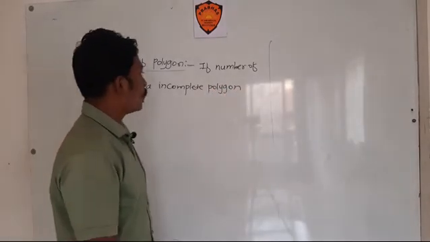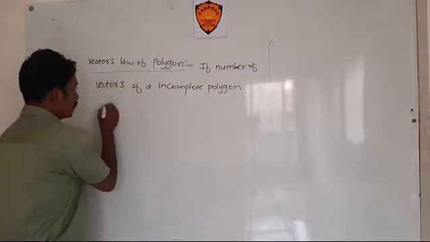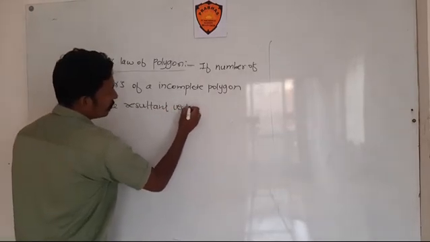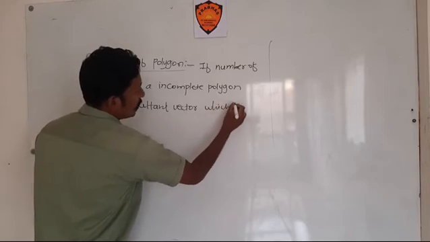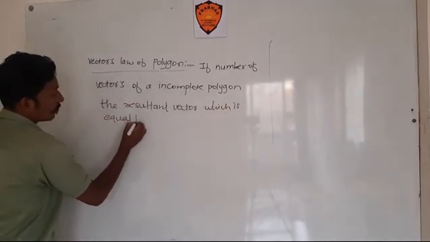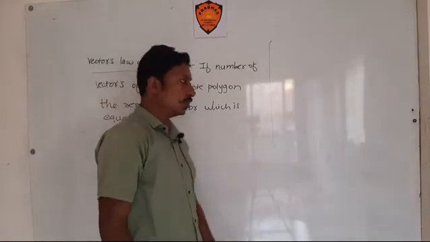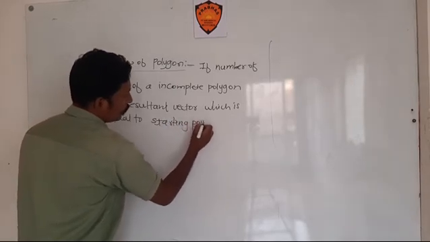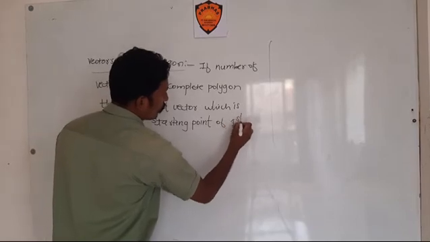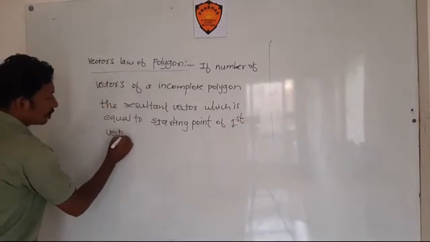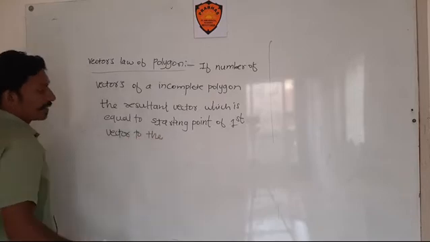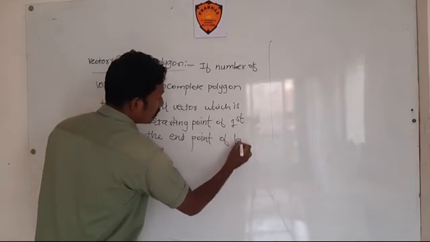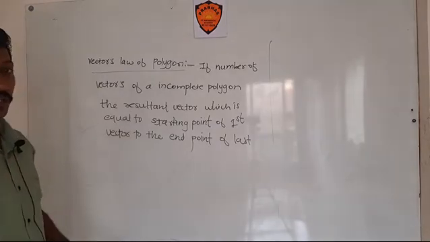if number of vectors of an incomplete polygon, the resultant vector is equal to the starting point of the first vector to the end point of the last vector, not the second, because there are a number of vectors, right?